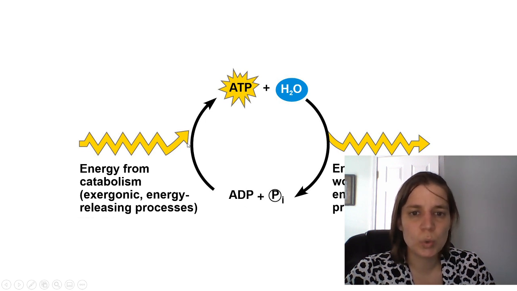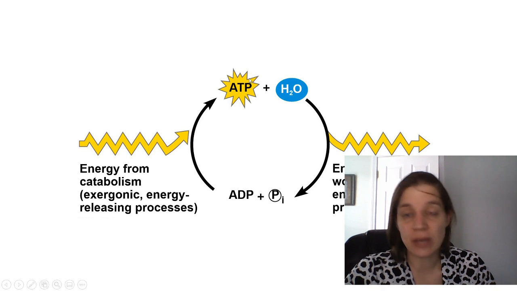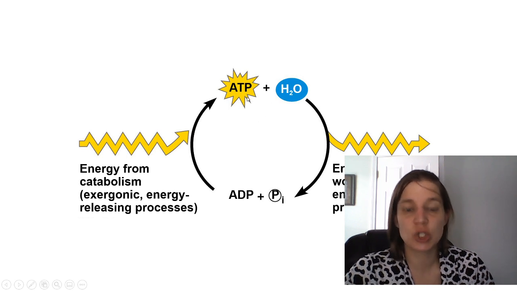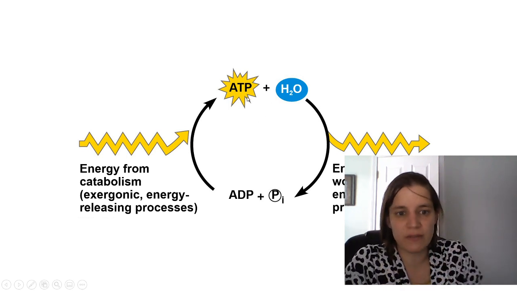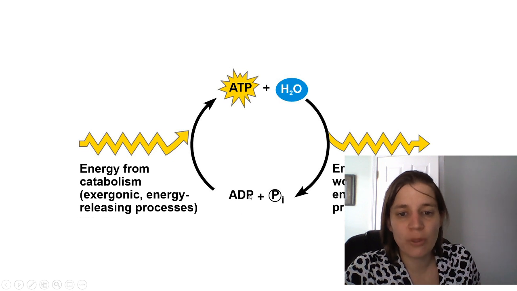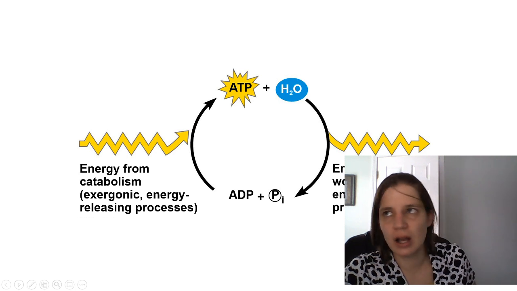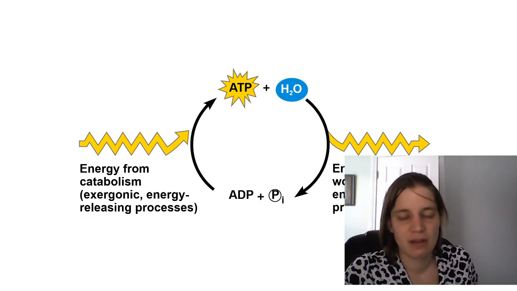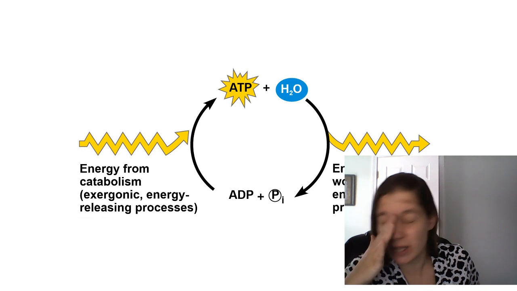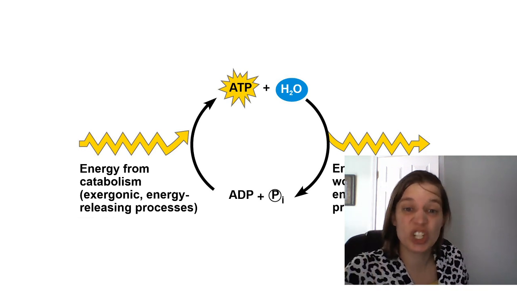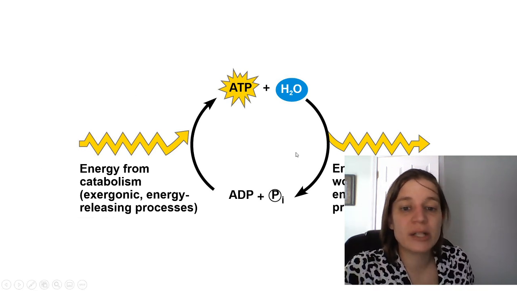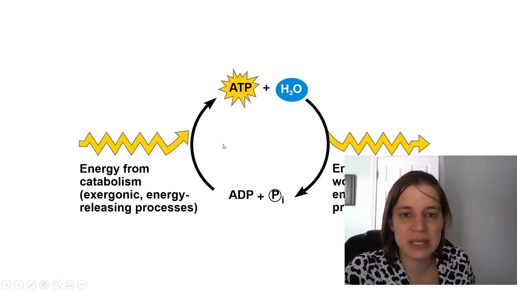So you want to go back to having ATP, right? Because this is what the cell can actually use and break up to do stuff. In order to put these back together, you have to put energy in. Often from, say, we'll get to it next week, but as you eat sugar, right? You can put energy into the system, and you can snap these back together.